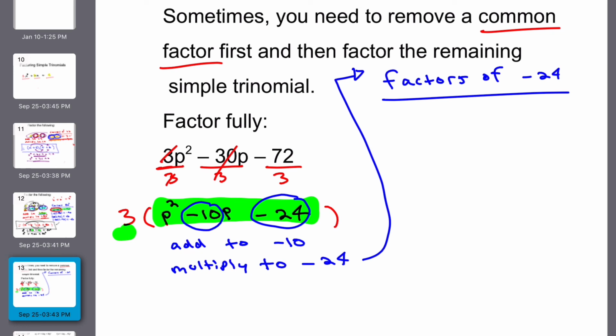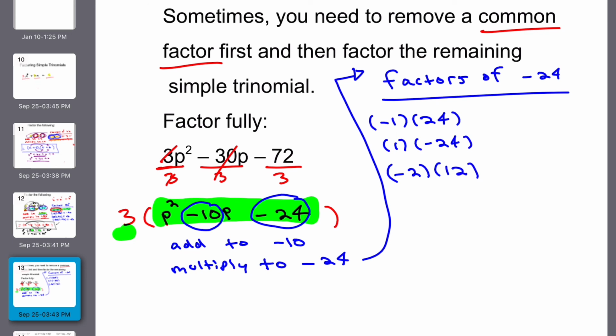So we can do negative 1 multiplied by 24. That'll multiply to negative 24. We can do the opposite, positive 1 multiplied by negative 24. Those do not add to negative 10. Let's check another one. So we got negative 2 multiplied by 12.